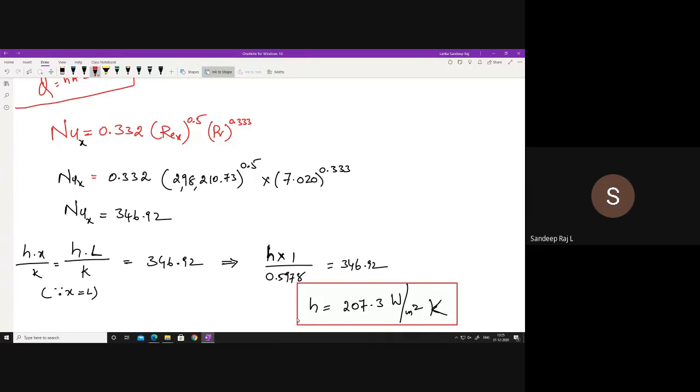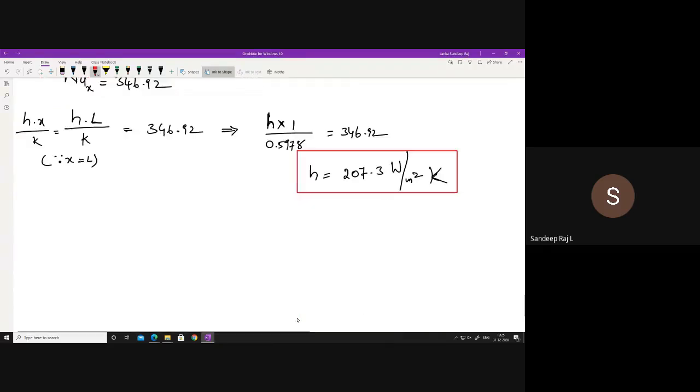Apart from this H, he is also asking you to calculate Q. So Q is equal to H into A into delta T. What is the delta T here? The delta T means T wall minus T infinity.